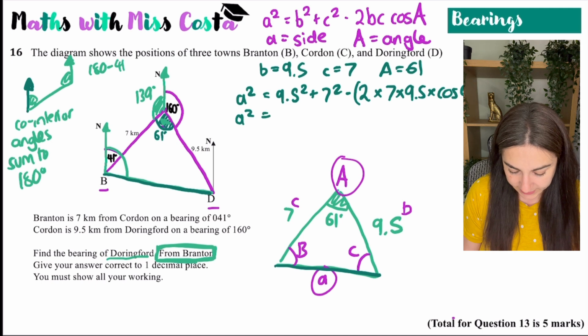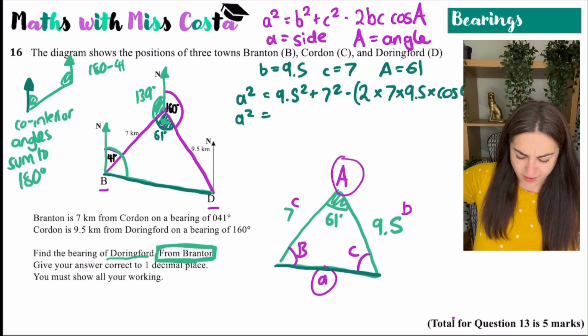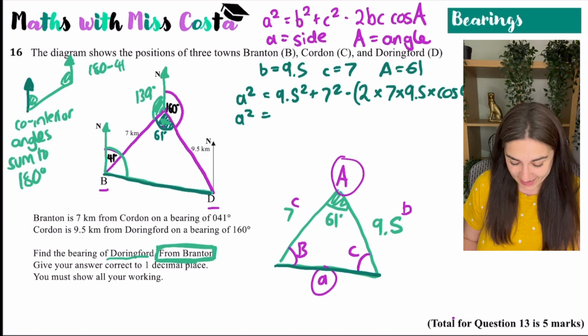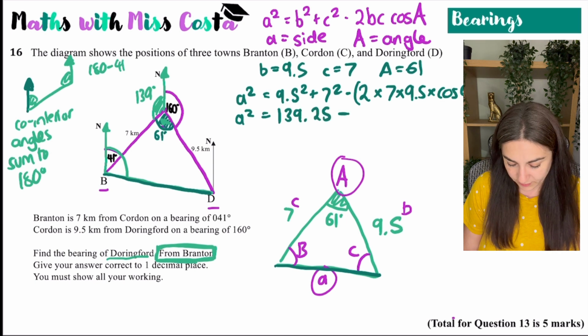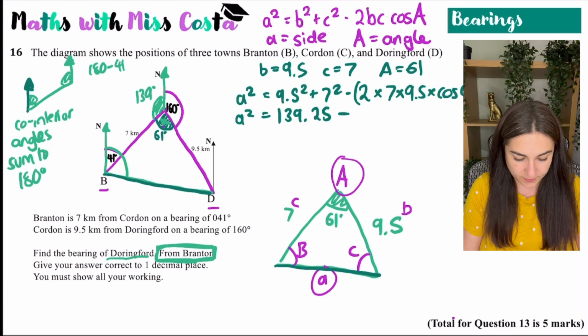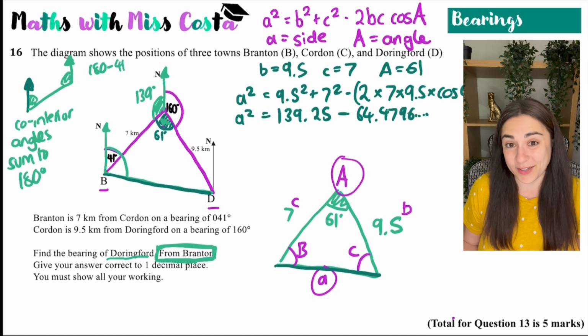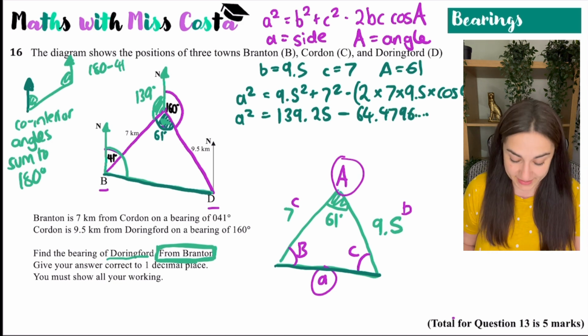So a squared is going to be, and I always tend to do the calculation in two parts. I do 9.5 squared plus 7 squared, just because it minimises accidental errors on the calculator. So that's 139.25. And then 2 times 7 times 9.5 times cos 61 is 64.4796, but I don't need to write it all out because it's memorized on my calculator.